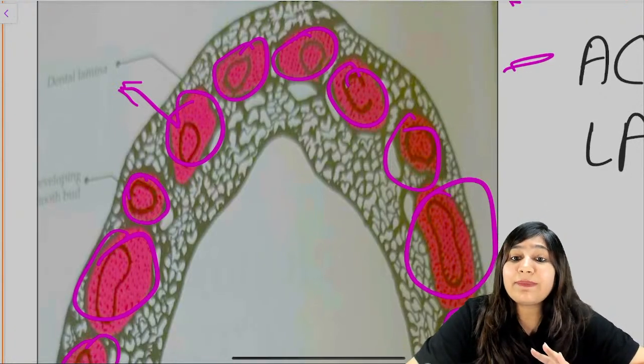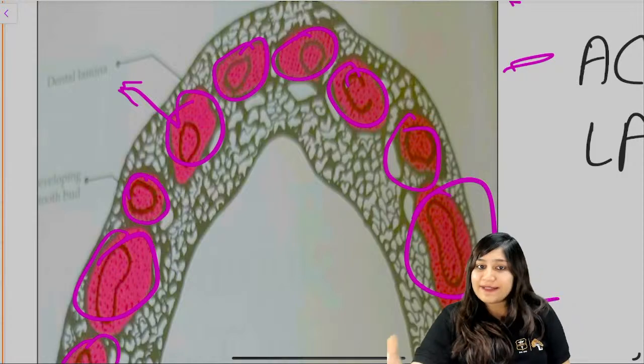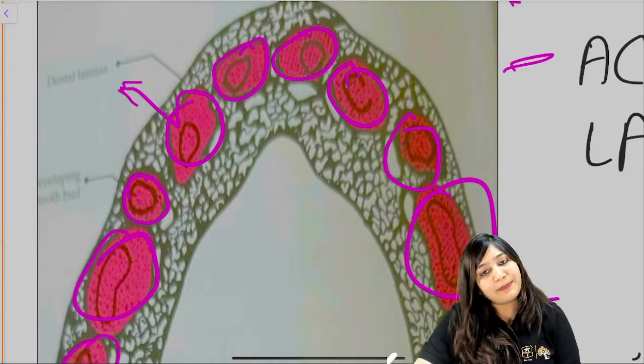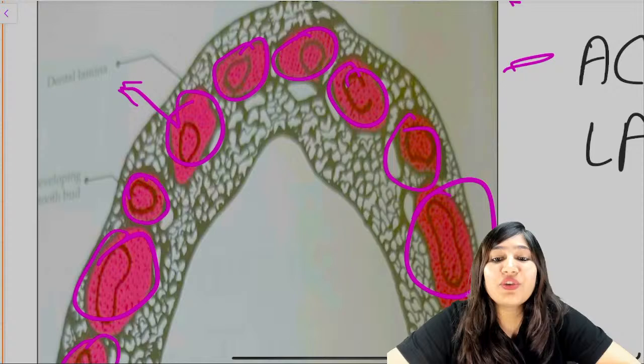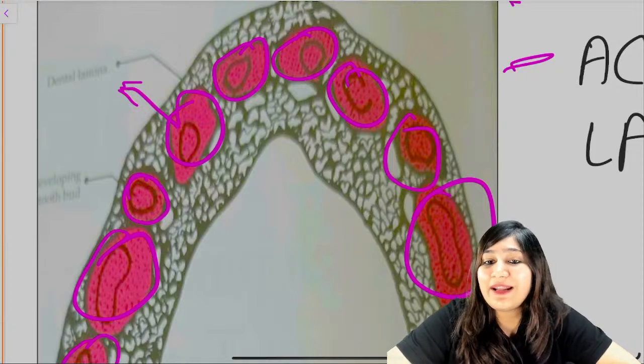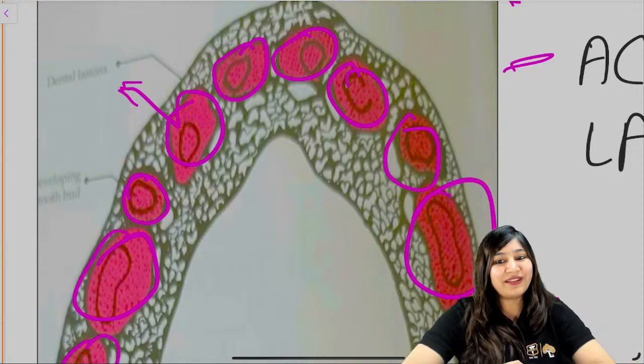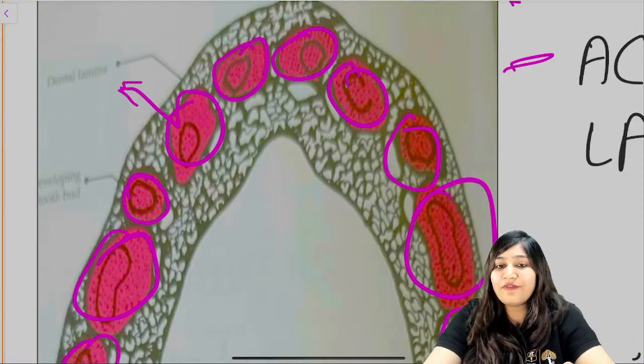So it can act as a primordium for deciduous tooth also and permanent tooth.